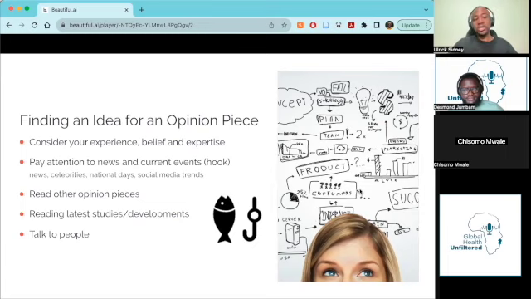Or maybe you didn't even have an opinion, and after reading this person's piece, you're like, oh, I side with this person or not. Maybe I side against this person. So what is it about this opinion piece that got you to move either in their direction or against their direction? And learning from that is a very, very important tool at your disposal in terms of idea generation.